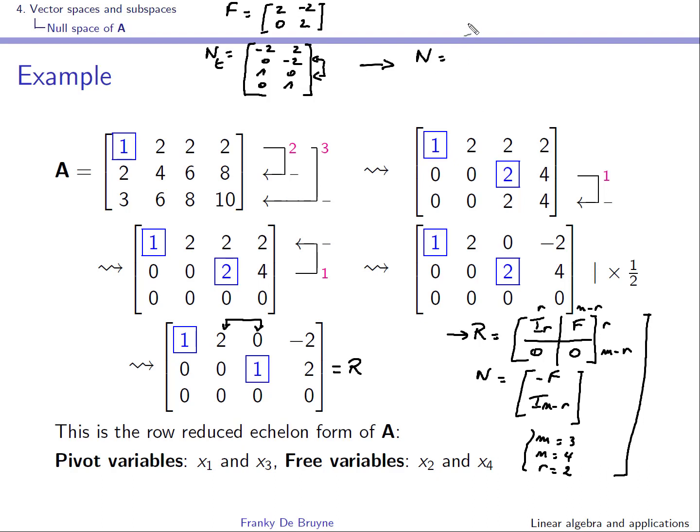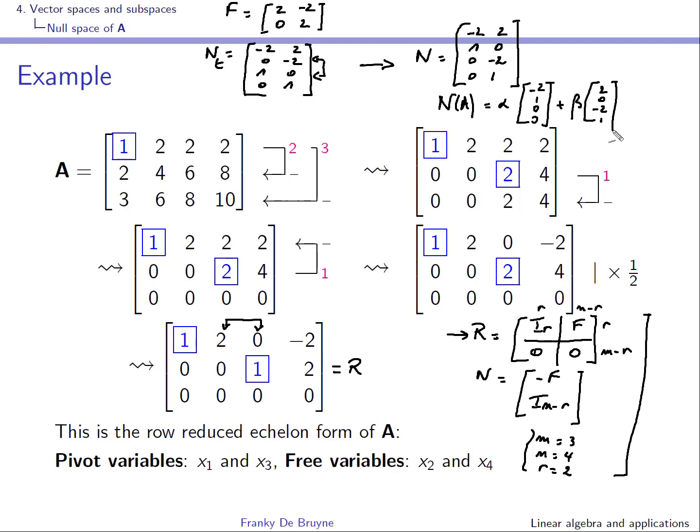The final N is minus 2, 2, we swap the rows, 1, 0, okay, 0, minus 2 and 0, 1. Okay, so the null space is alpha times (minus 2, 1, 0, 0) plus beta times (2, 0, minus 2, 1).